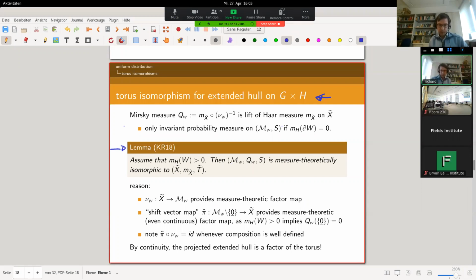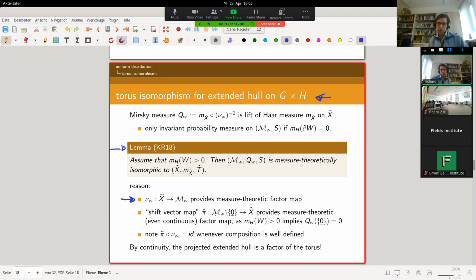And the reason is quite simple to see, because you use this torus parameterization map, U_W. This provides a measure theoretic factor map. So that's the first direction, and now you have to go back, but going back is also not difficult, because if you have a configuration and it lives in G times H, you can just look at the coordinate of the point. This is immediately given. If you just have one point, you can reconstruct the torus coordinate.